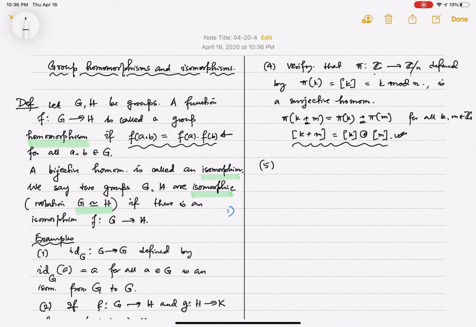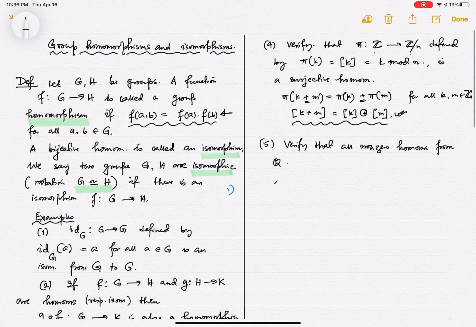Here's an exercise. Verify that all non-zero homomorphisms from rational numbers to rational numbers are of the form f(a) = c times a for some c in Q. So I'm not just telling you some homomorphisms, I'm telling you all of them.